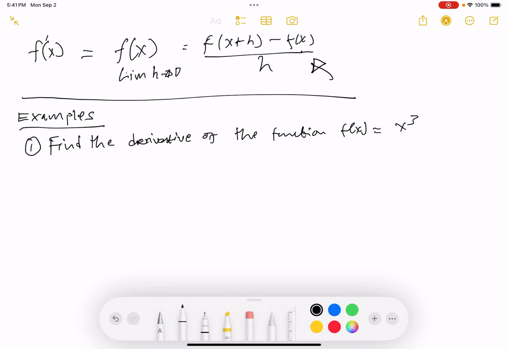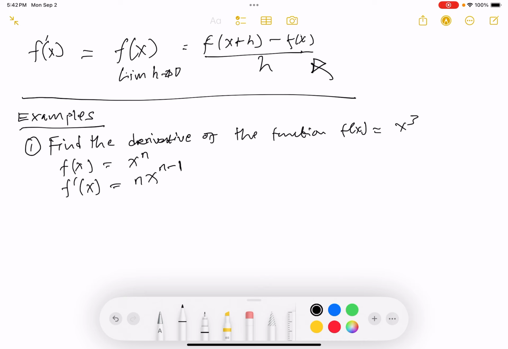Now, one rule that I want to give in finding derivatives is that if f of x is equal to something like x to the power n, the derivative of that function, which is f prime, is given by dropping that n to the front of the variable, times that same variable to the power of n minus 1.